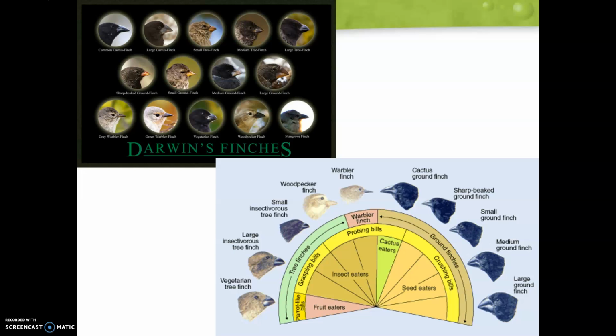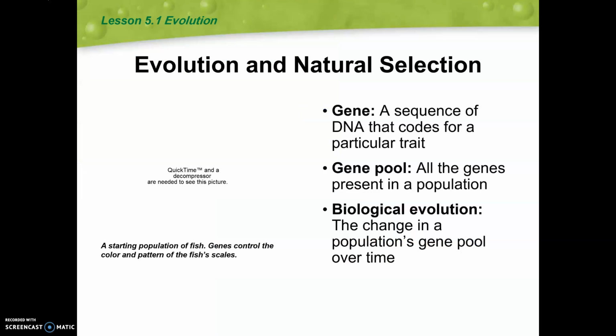So let's talk about a couple of the terms that are going to fall into evolution. The first one is gene. A gene is a sequence of DNA that codes for a particular trait. So for example, those beaks on the finches, or say in humans, hair color. That's going to be a particular trait. So I have brown hair, so that is the gene that I have.